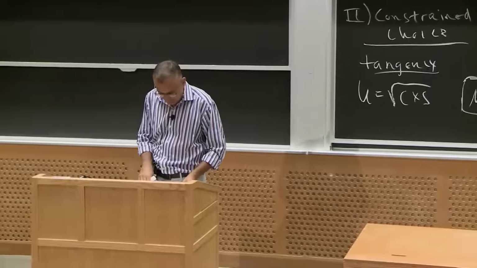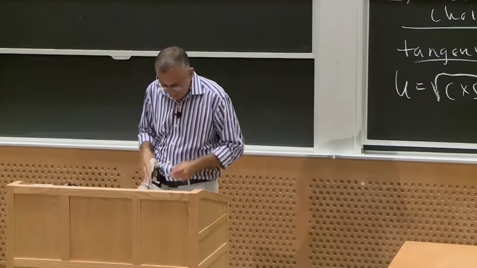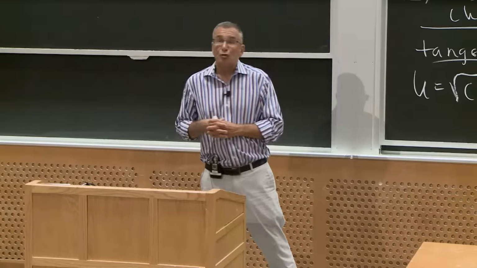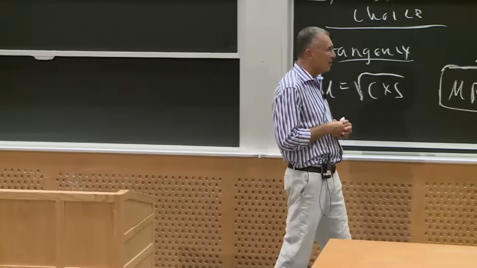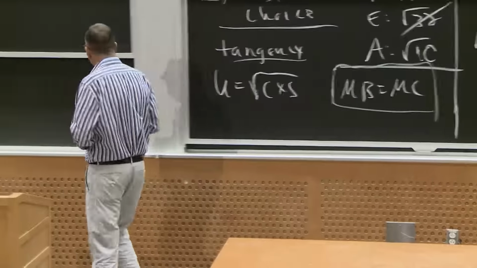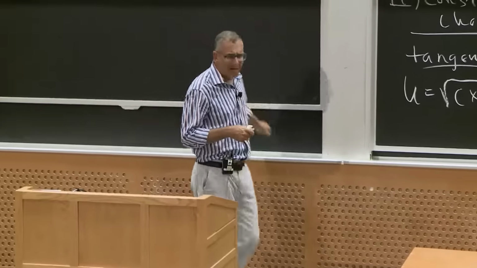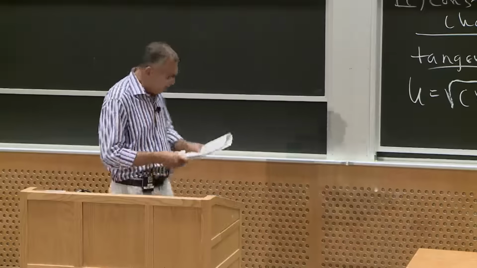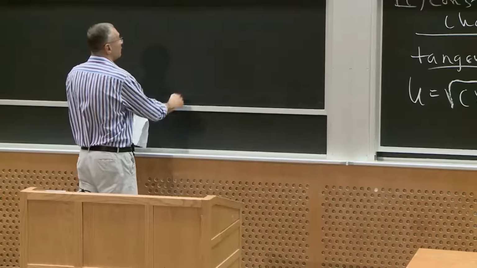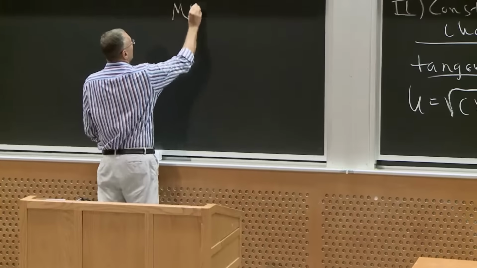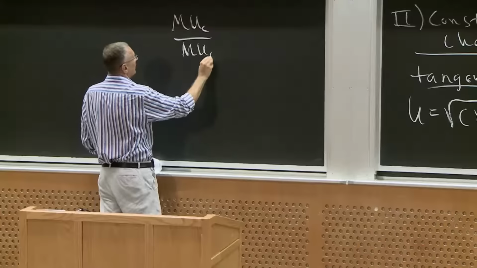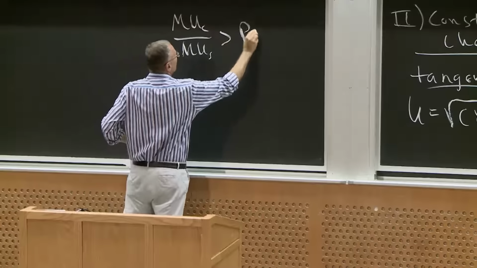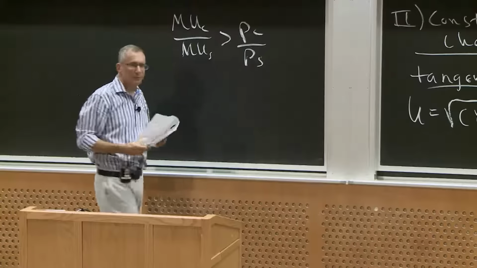And once again, this is something I'll just spend some time on. Okay? So let's think for a second about why this rule makes sense. Imagine you are in a place where the marginal utility of cookies over the marginal utility of pizza is greater than the price of cookies over the price of pizza.